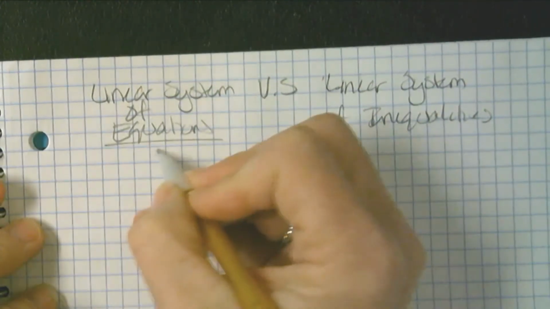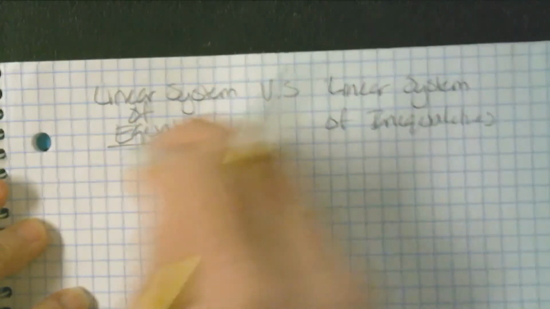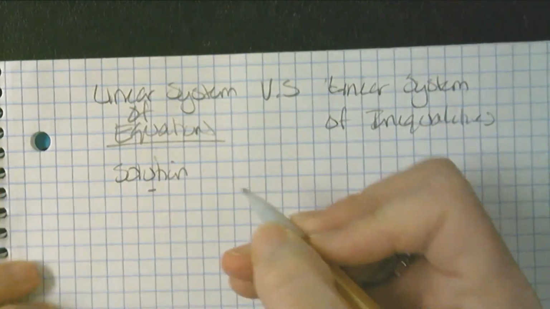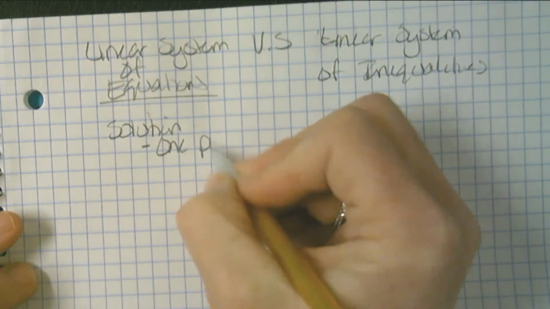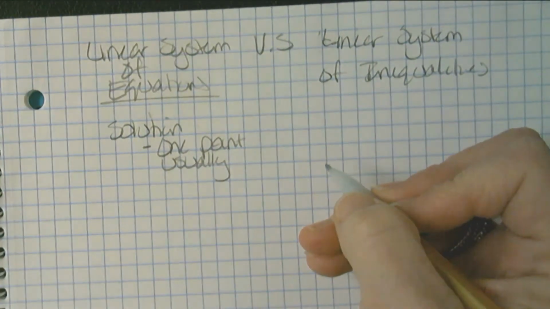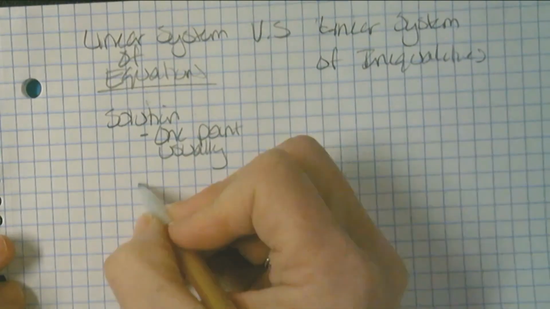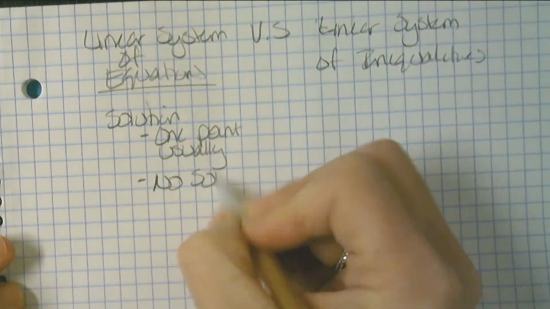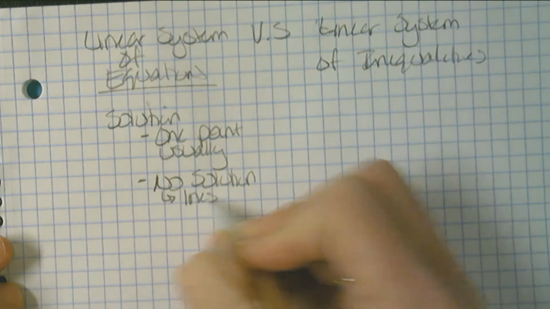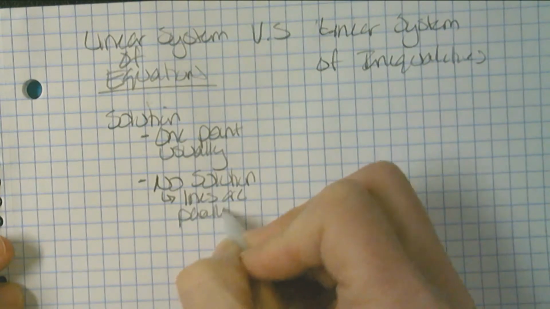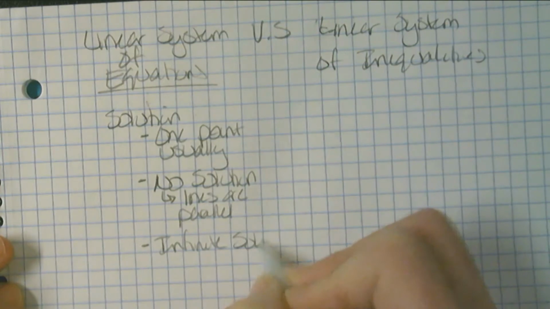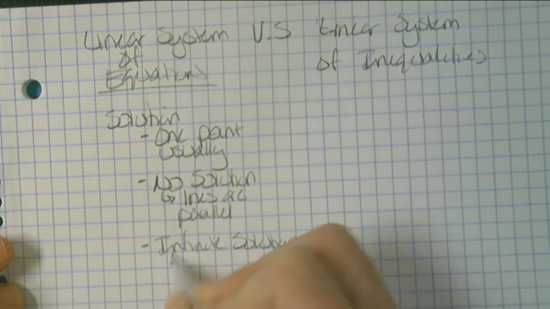When we talk about the solution, the solution is 1 point, usually. We could have no solution, which means lines are parallel. Or we could have infinite solutions, which means they're the same line.